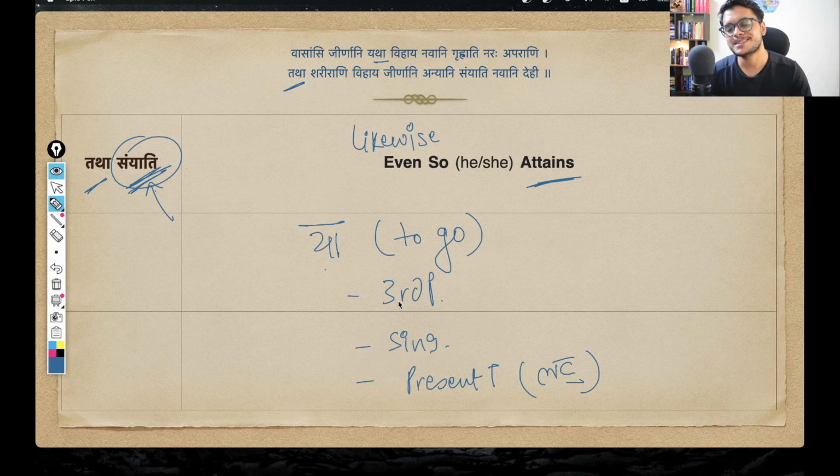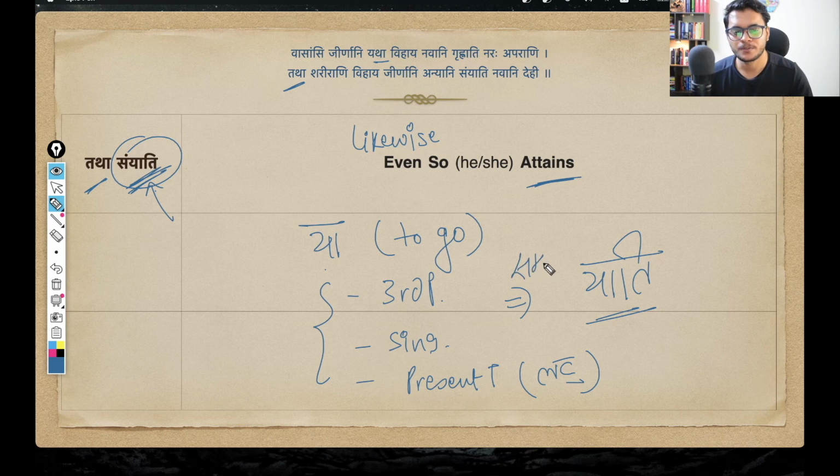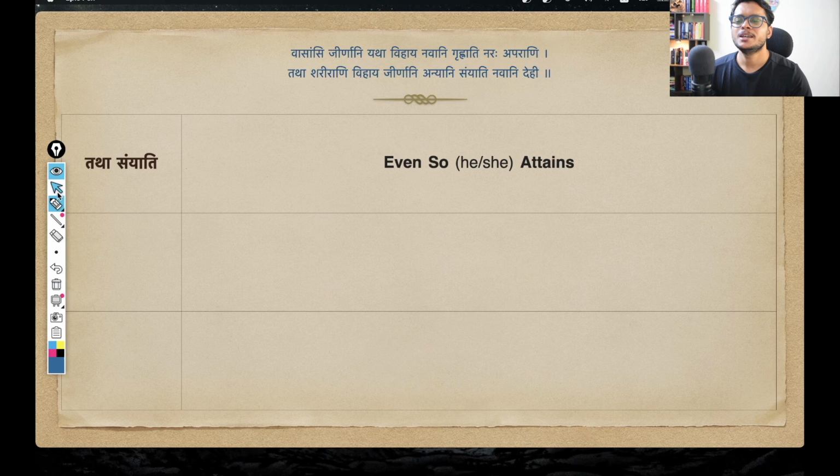In that sense, the form here is the same. Third person singular present tense, that is lat lakara. This ya changes into yati. Okay. And samyati. So of course we have the prefix, the upsarga sam. So samyati, that is what you see in the shloka. So basically you go about to attain something, to attain to something in that sense. Okay. So tatha samyati, even so or likewise, some third person attains.